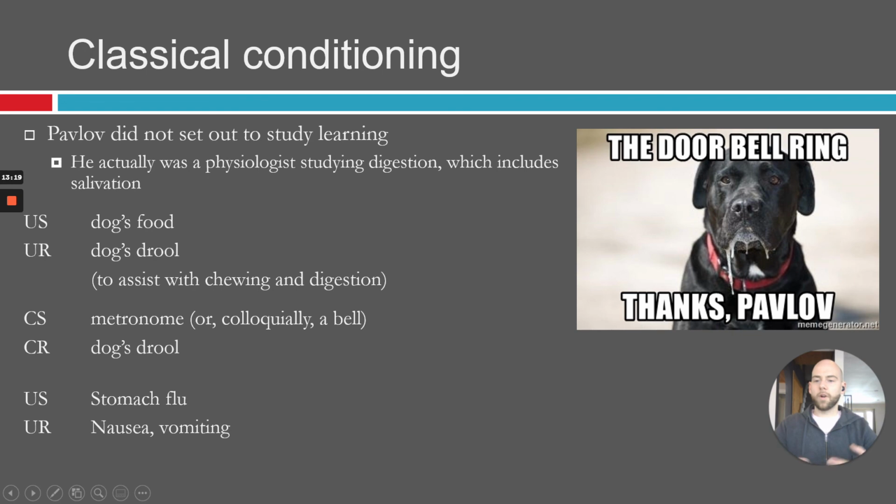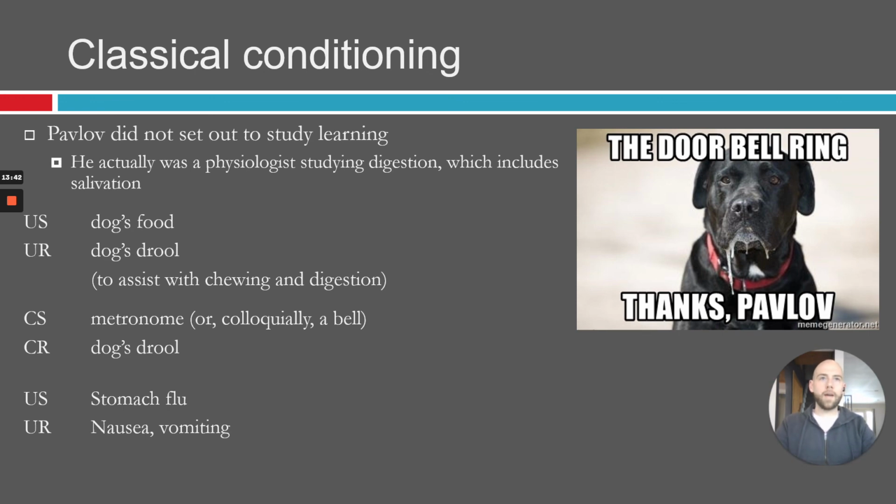Here's another example to bring it over to humans. This probably happened to some of you. It's happened to me, where you might get some kind of stomach virus, stomach flu. And when you have those types of infections, you have symptoms that come with them, like nausea, maybe even vomiting, if it's particularly unpleasant.